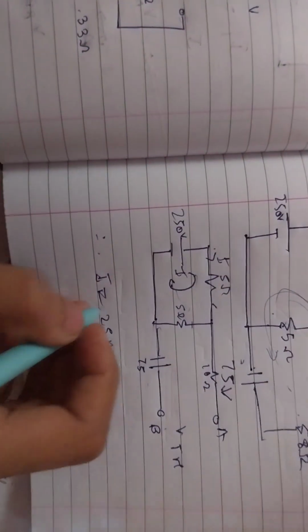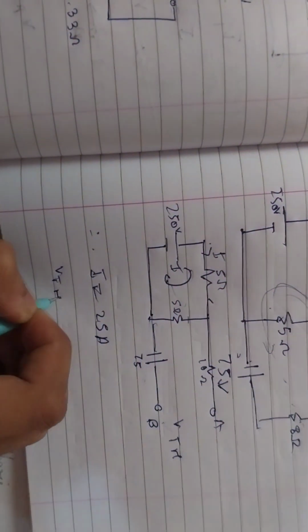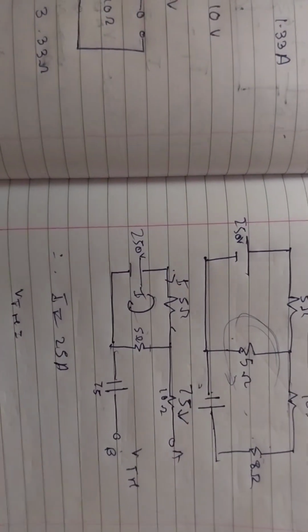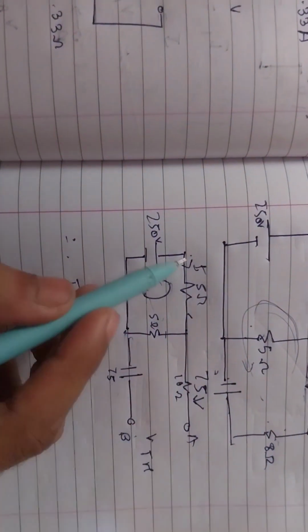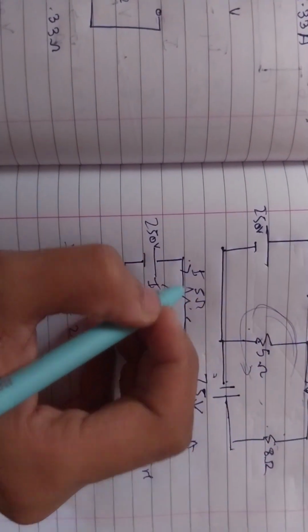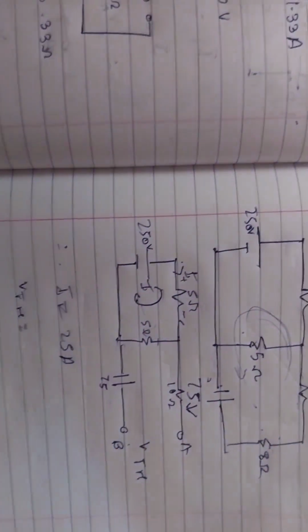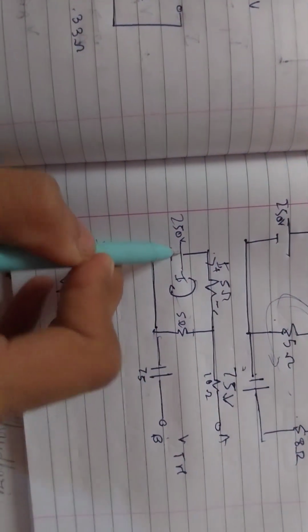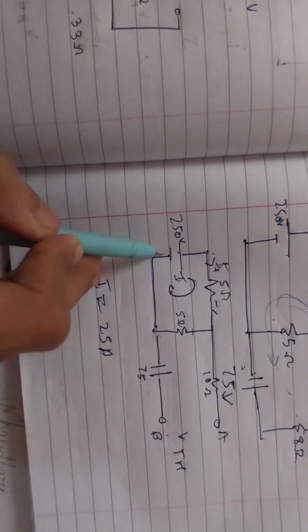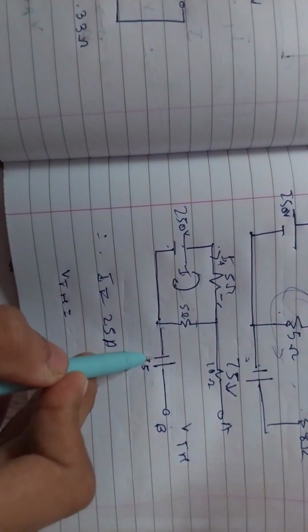So now we'll calculate the VTH simply. VTH is equal to... this is the positive part, this is the negative part. The positive part is hitting the positive part of 250 volts, and the negative part is hitting the negative part of 75 volts.